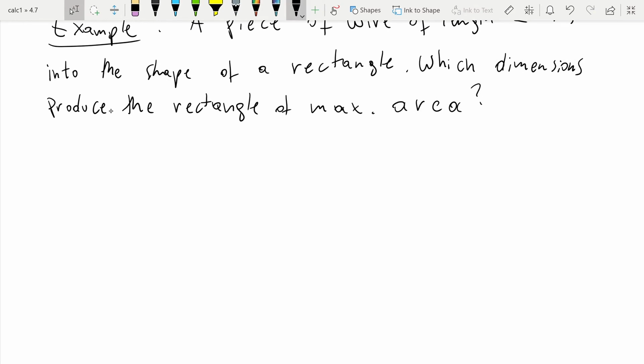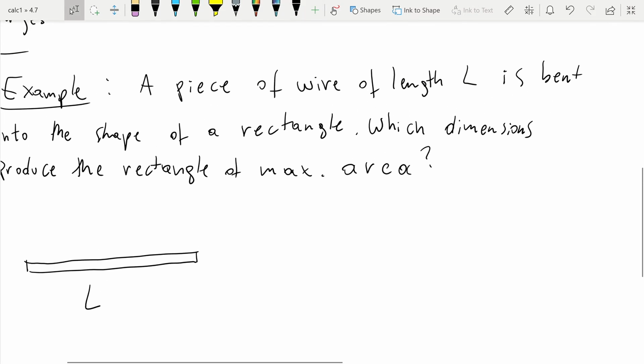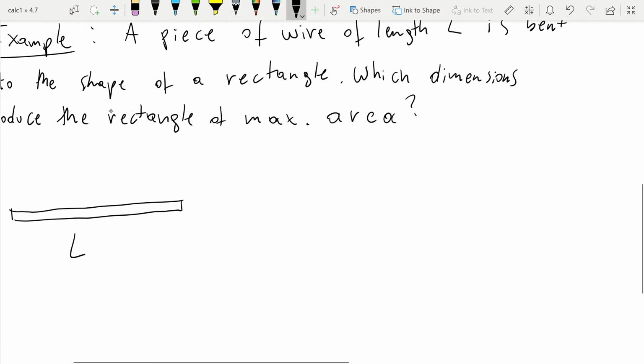Okay, so we start with a wire of length L, and, well, this is not going to be very precise, but we turn it into a rectangle like this.